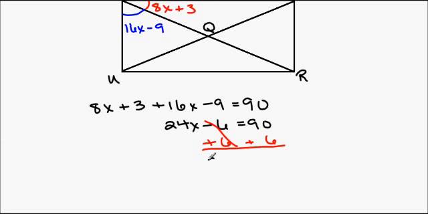And we have 24x equals 96. Last thing to do, divide by 24. And x equals 4. Okay, but we didn't want to find x really.